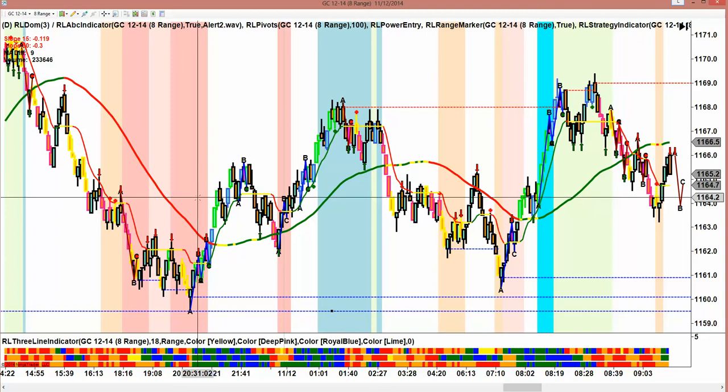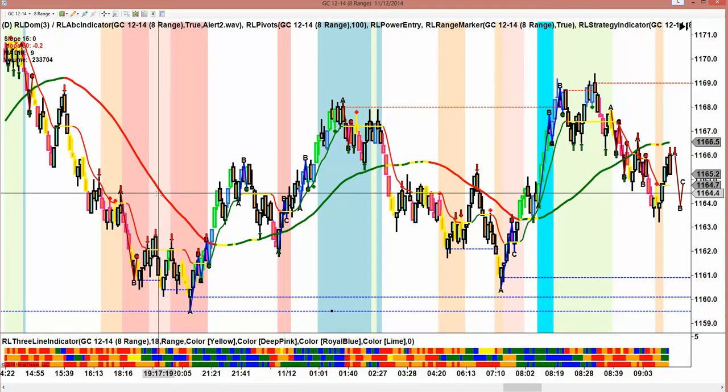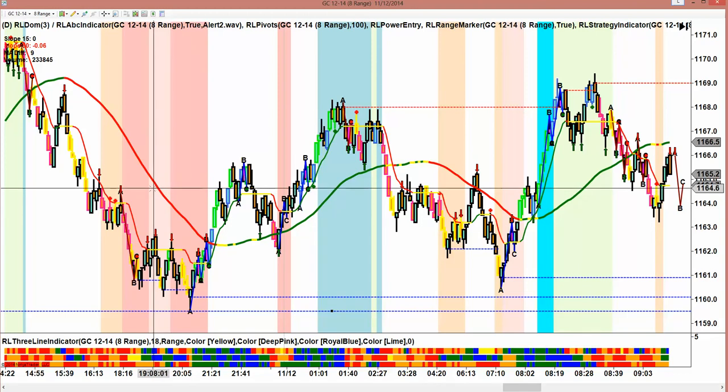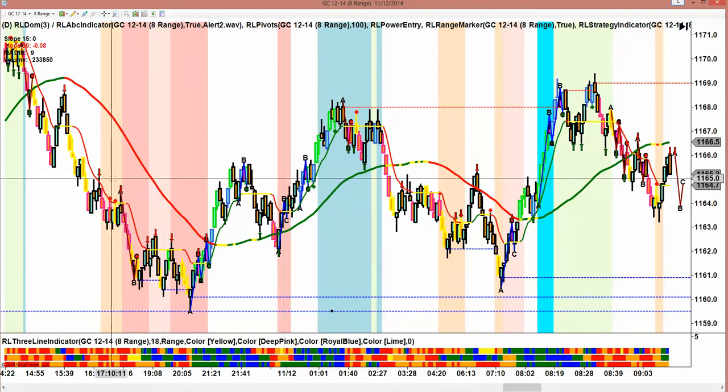The prevalence of a down move is going to be a little less, it's going to come a little less often, when the bias indicator is light pink. And when we go to tan here, the prevalence will drop off considerably.